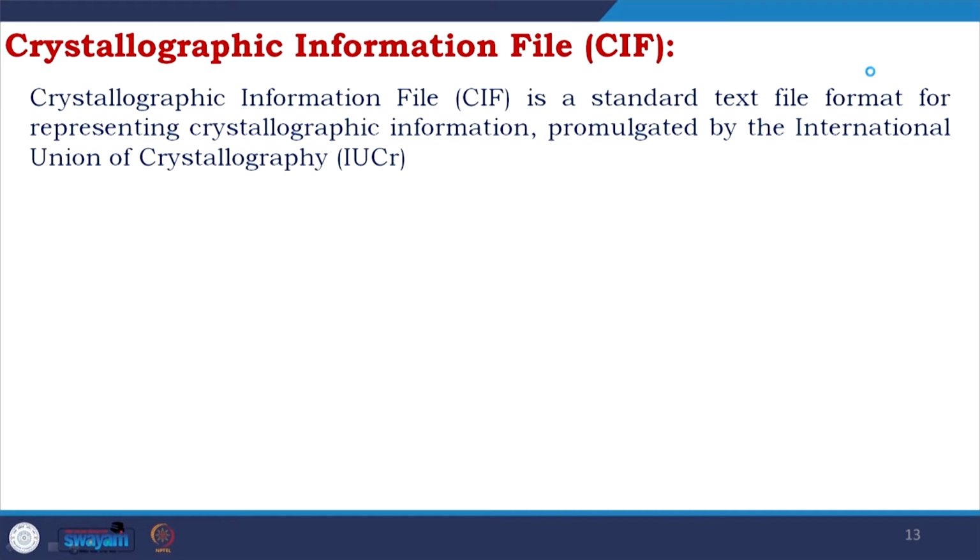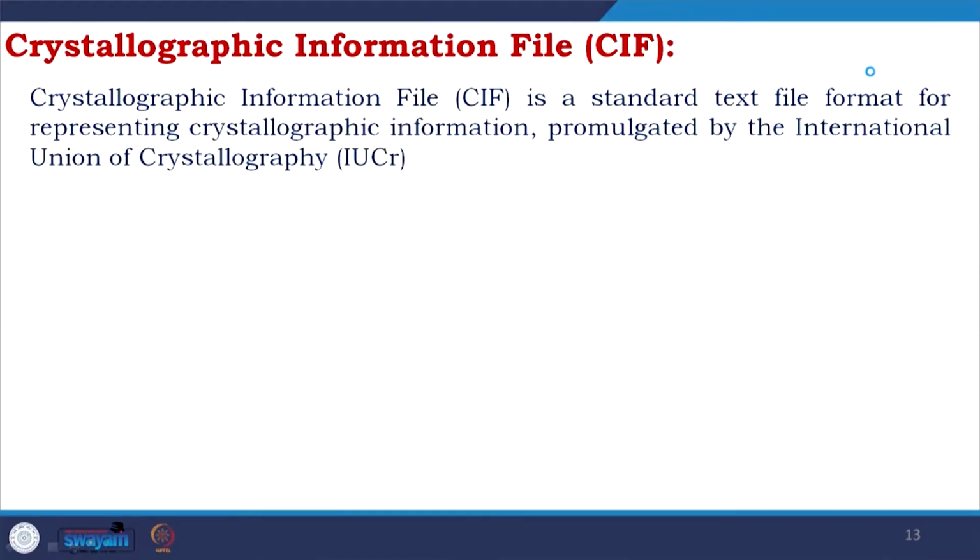But before describing mmCIF, I would describe the CIF file. CIF files are more popular, mostly used for any crystal information. So, it is called crystallographic information file or CIF. The crystallographic information file is a standard text file format for representing crystallographic information promulgated by the International Union of Crystallography, the IUCr.